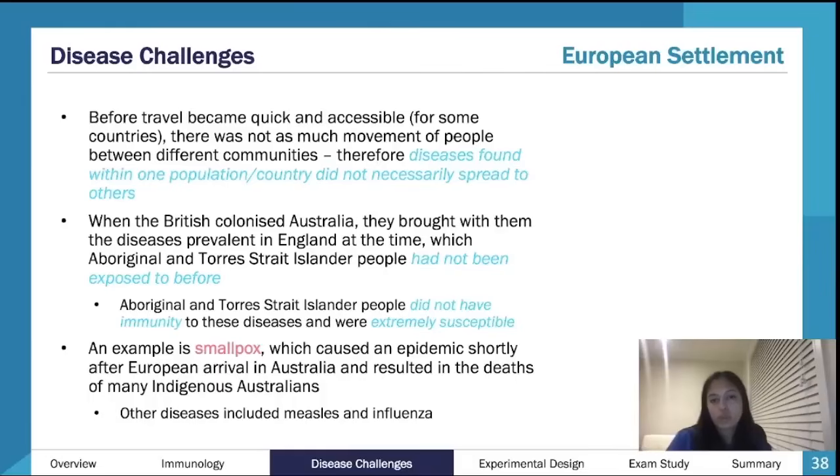And so that's what we saw with smallpox, this idea that there was an epidemic. There's lots of areas where you had really large outbreaks because ultimately nobody had immunity to it. Whereas other people in Britain, and obviously those that colonized Australia, would have certain levels of immunity to it, having probably been exposed to it in childhood and things like that.